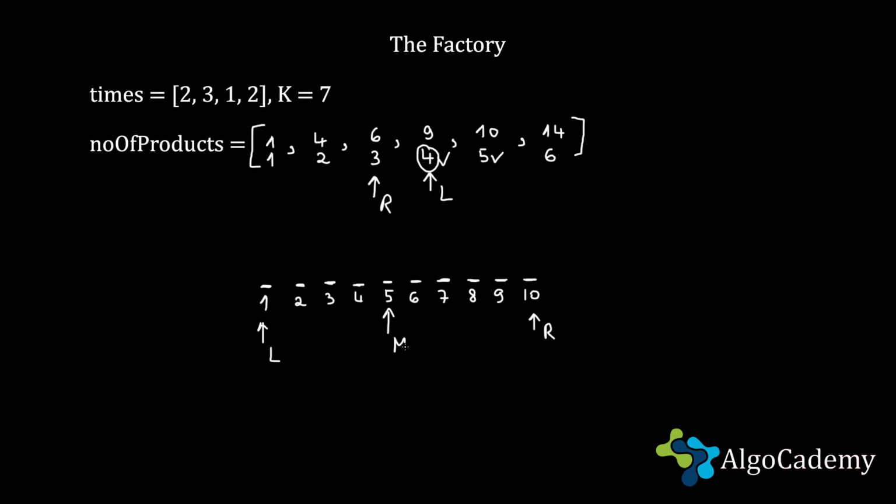So again, there are only 2 scenarios. The first scenario is the one in which the number of products of this middle, so this value right here, is actually less than k. In this scenario, we know for sure that all of them from left to middle are less than k, because again, we have an increasing function.